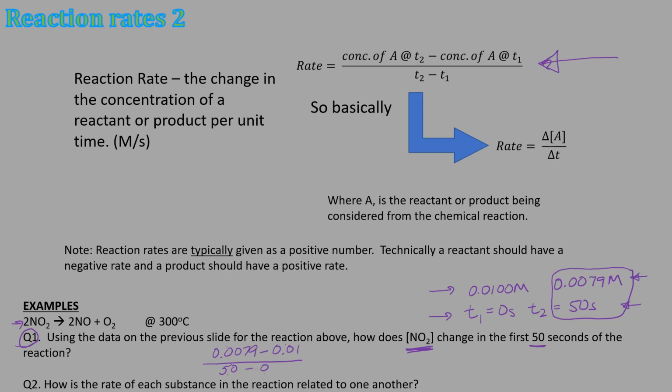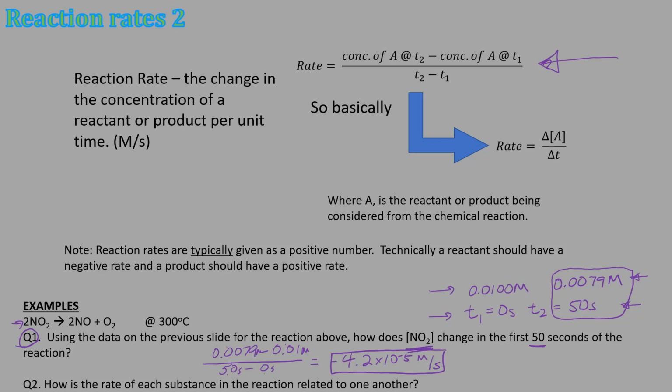If I subtract those and then divide it out, I get negative 4.2 times 10 to the negative fifth, and that would be molarity per second, because I have molarity up here and seconds down here. And so that is the rate of change for the concentration of NO2 in that reaction.